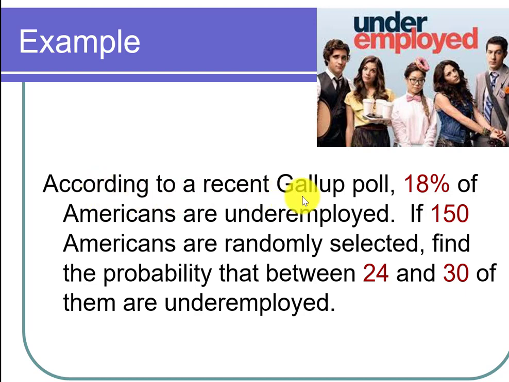According to a recent Gallup poll, 18% of Americans are underemployed. If 150 Americans are randomly selected, find the probability that between 24 and 30 of them are underemployed. So notice there's a yes or no question. So we're in that central limit theorem for proportions idea.